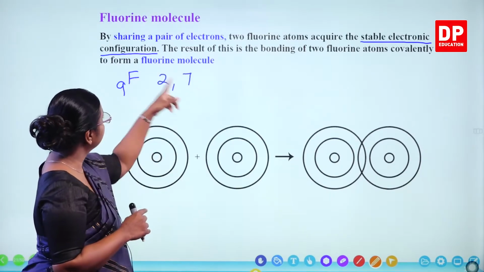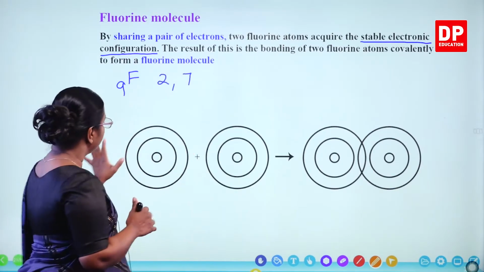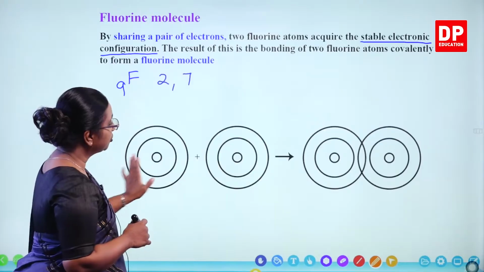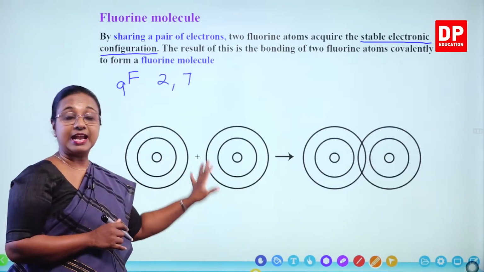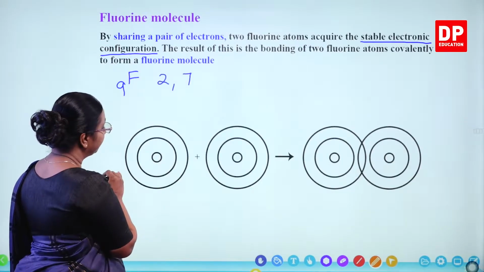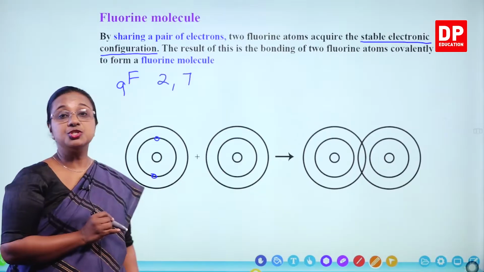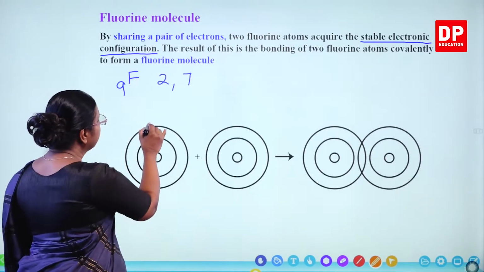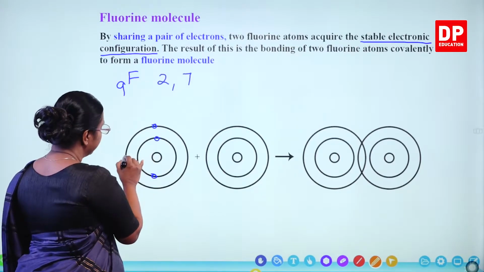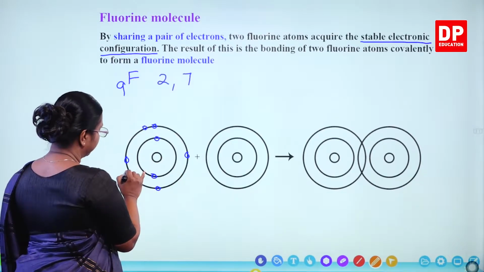So like this, there are going to be 2 fluorine atoms. So here what is shown to you all are the fluorine atoms with their energy levels. So this is the nucleus of the fluorine atom. In the first shell, there are 2 electrons. And in the second shell, we will see that there are 7 electrons.